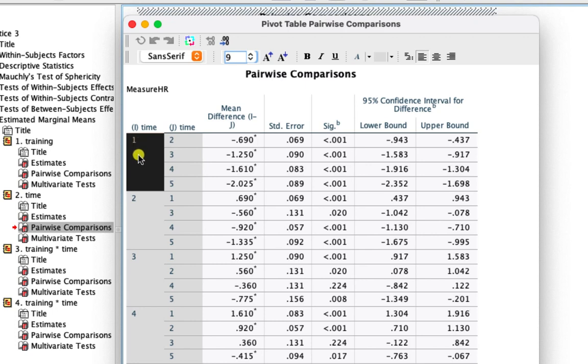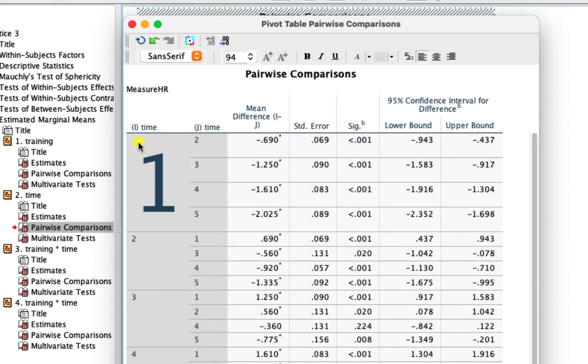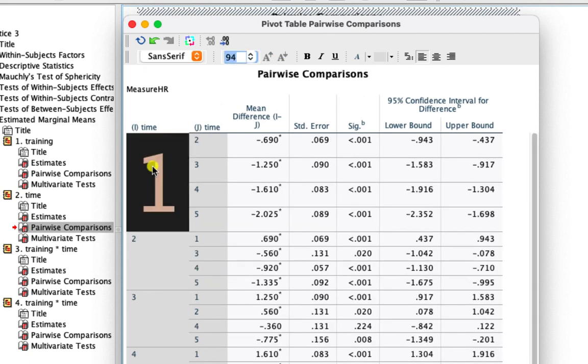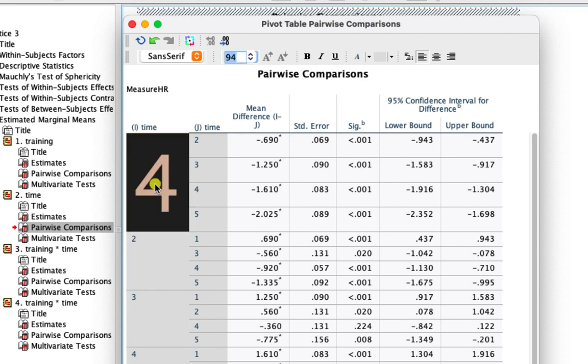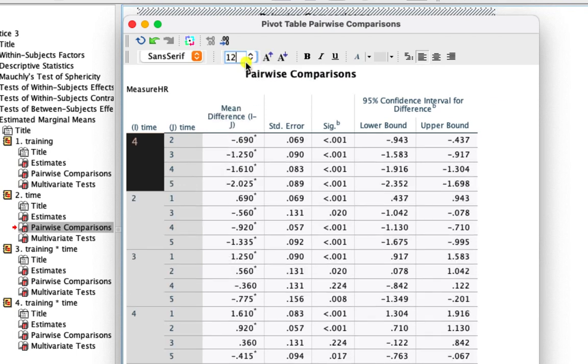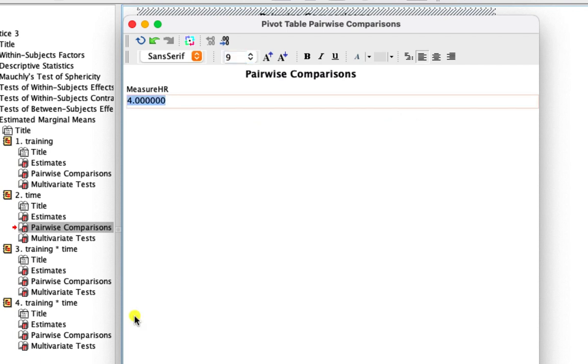So if instead of 1 you want to list a 4, and we're not going to make it that large, it's a little excessive. If you wanted to make each of these their respective values, you can even add units if you want to. All I'm doing is double clicking on the number and then typing.